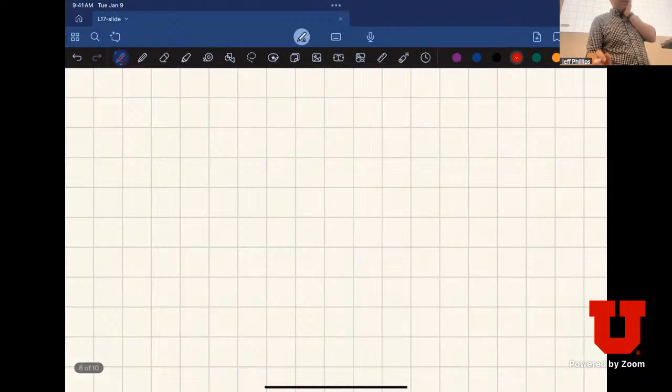Okay, so what we would like to do, and the cool thing about the SVD is it kind of tells you how to do a low rank approximation.